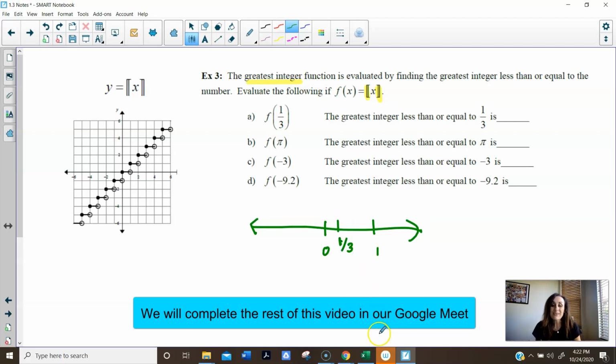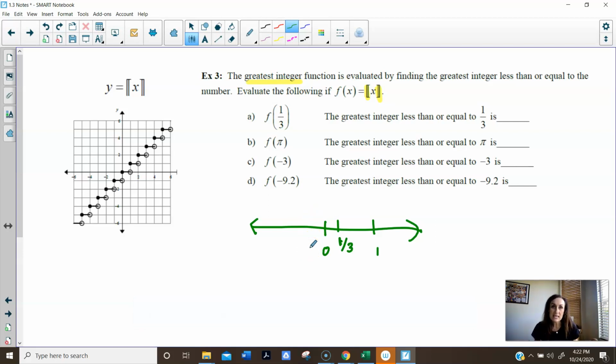Now, you're looking for the closest integer to the left. So it always goes smaller, just like you're not 17 until your birthday. So even if you're 16 and 11 months, you're still 16 until you turn 17. So you always go back to the left on the number line. So if this is f of 1/3, the integer to the left is 0.